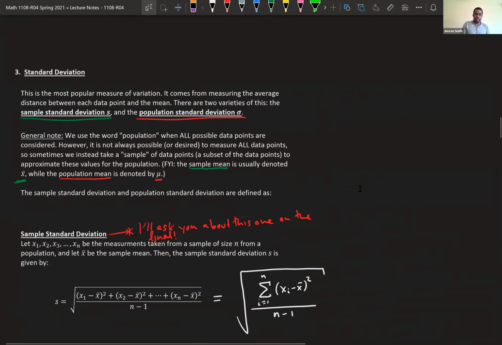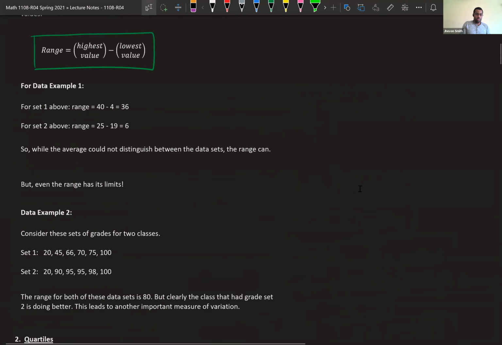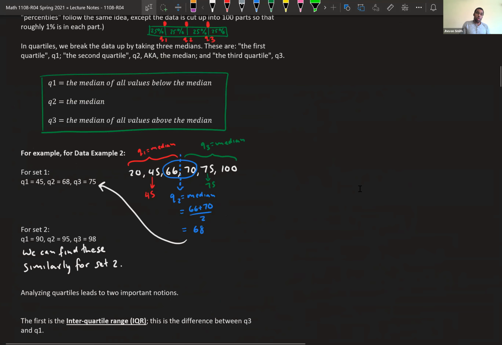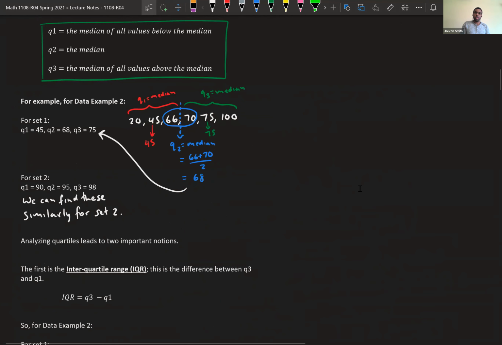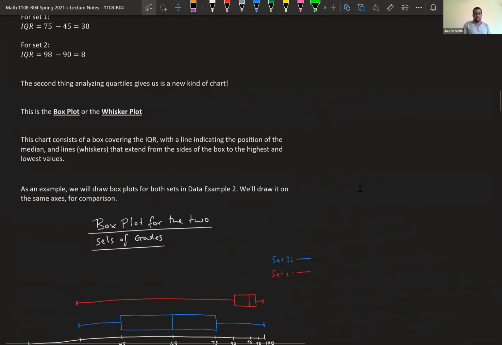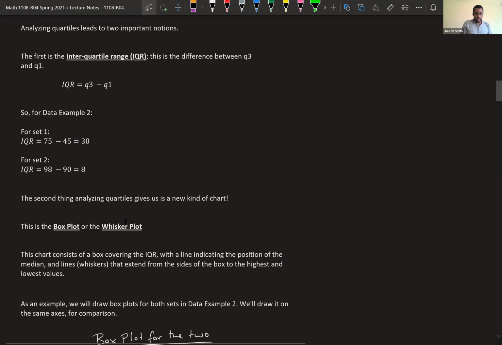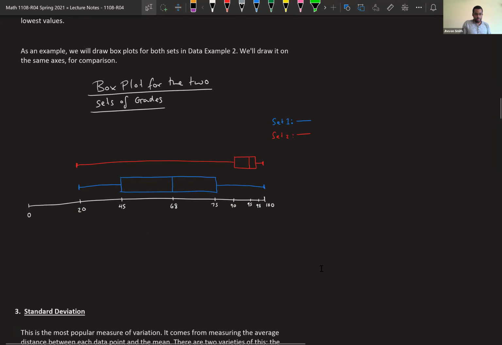So that is variation. You should know about range, which is highest value minus smallest value. You should know about quartiles. Q1 is the median of all values below the median, Q2 is the median of the entire data set, and Q3 is the median of all values above the median. Using those, you can find the interquartile range, as well as draw a box plot.